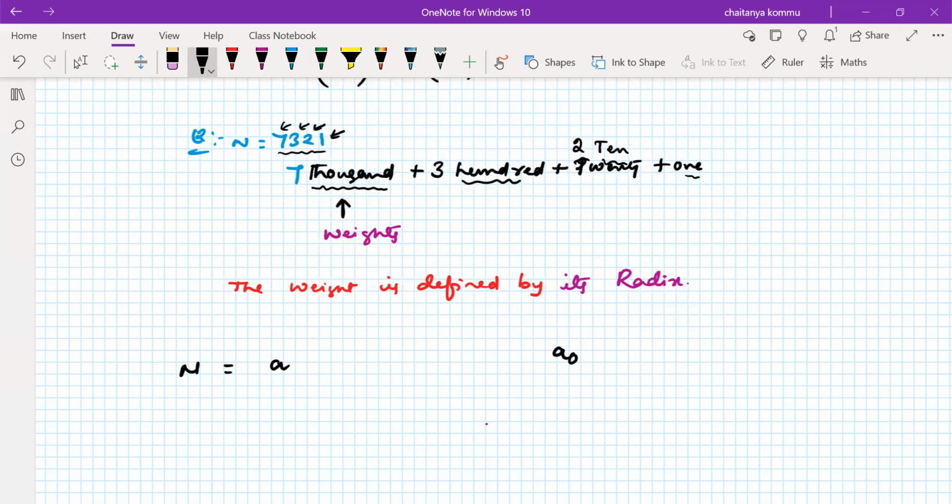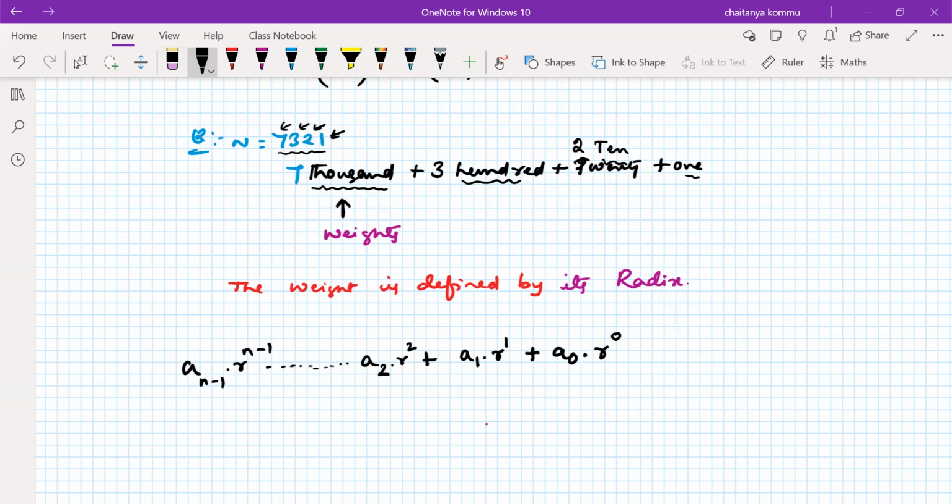We normally call it the radix point. So a0 into r to the power of 0, where r stands for radix, plus a1 into r to the power of 1, plus a2 into r to the power of 2, and so on up to a n minus 1 into r to the power of n minus 1.